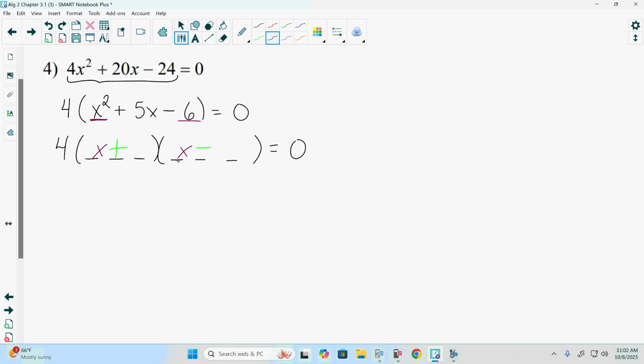Now we need to find the factors of 6. So 6 is 1 and 6 or 2 and 3. Which one do we want to try first? 2 and 3. At this point here, we can just check it off to the side, make sure we get this right. X times negative 3 is going to be negative 3x. 2 times x is going to be positive 2x.